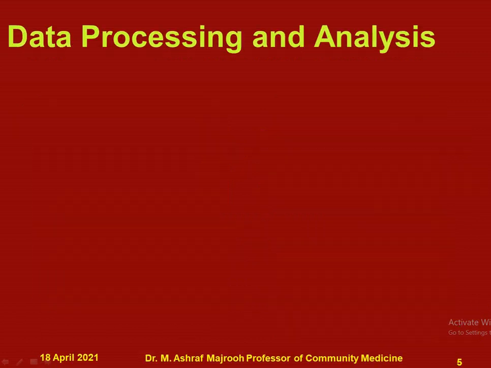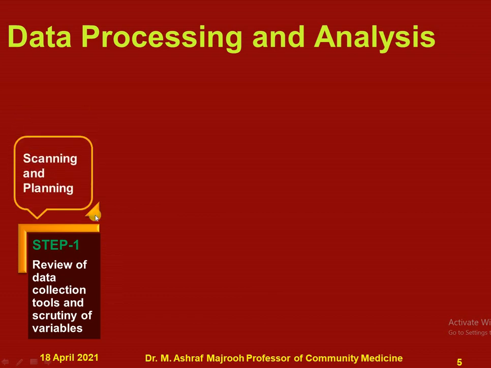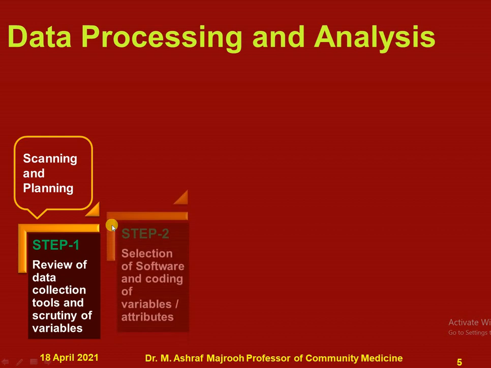Let's see the steps for data processing. The first step in data processing is review of data collection tools and scrutiny of variables. This is objectively done for scanning and planning of the data for analysis.